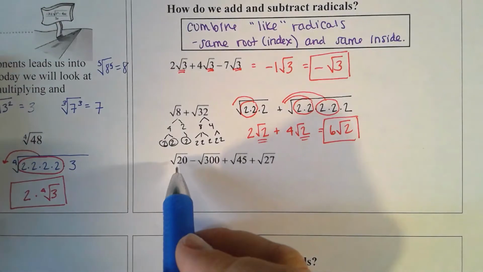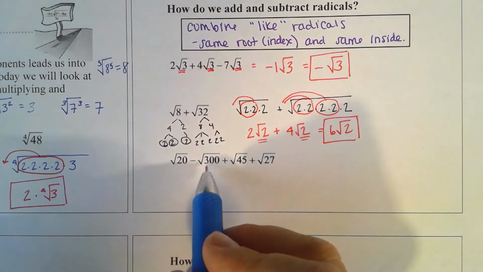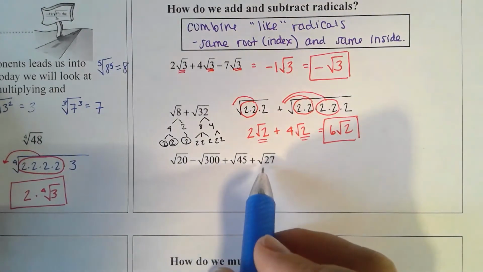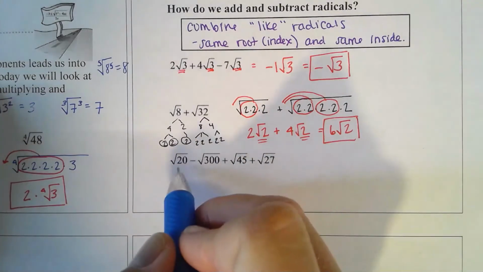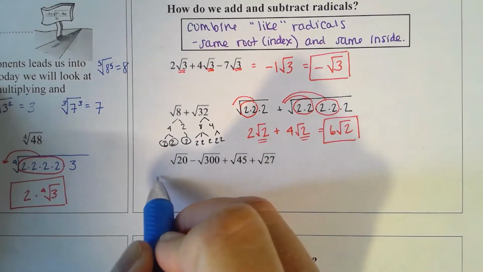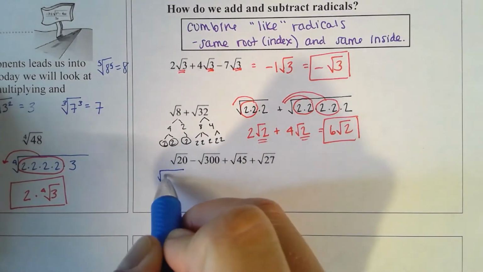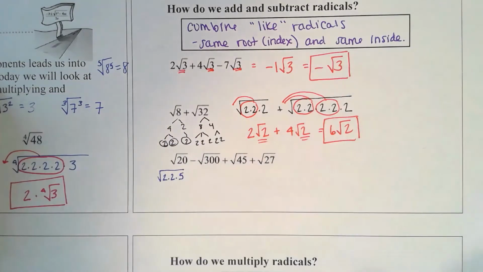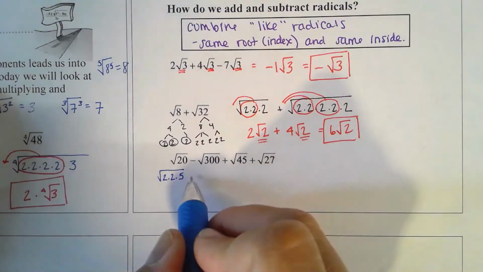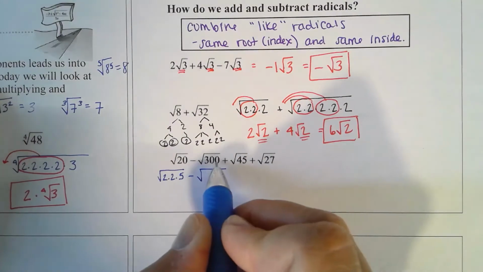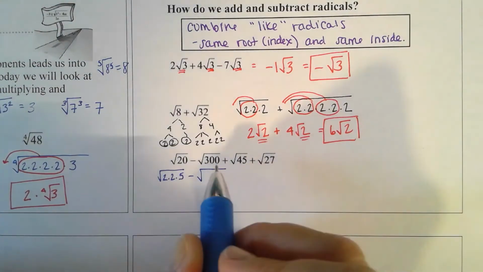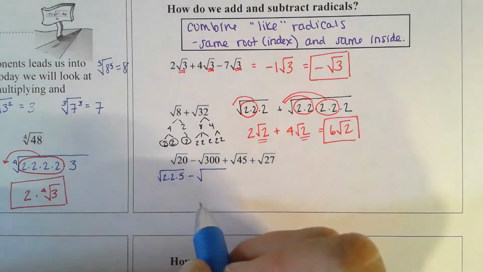Let's take a look at this last one. So I have the square root of 20 minus the square root of 300 plus the square root of 45 plus the square root of 27. So we're going to break this up, and that 20 is the same as 4 times 5, and that 4 breaks into two 2's. 300 is the same as 100 times 3.